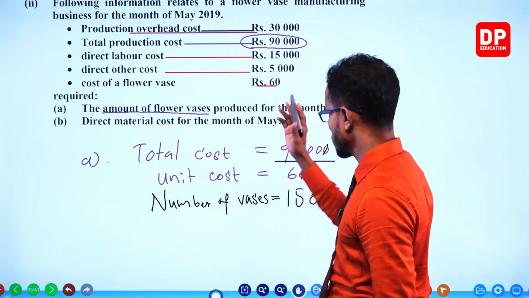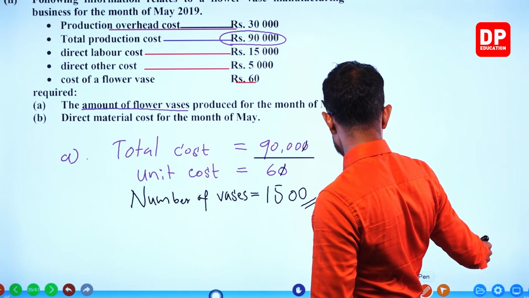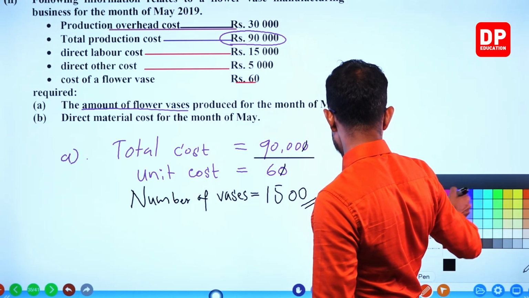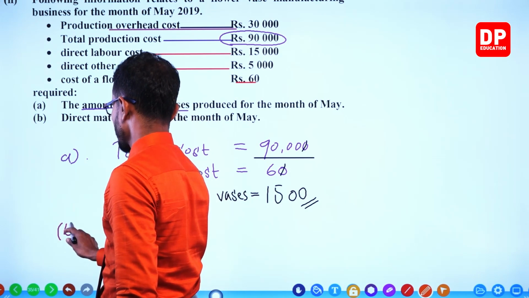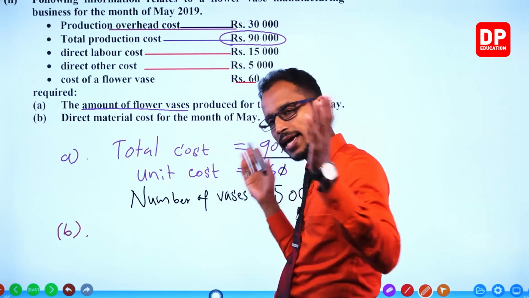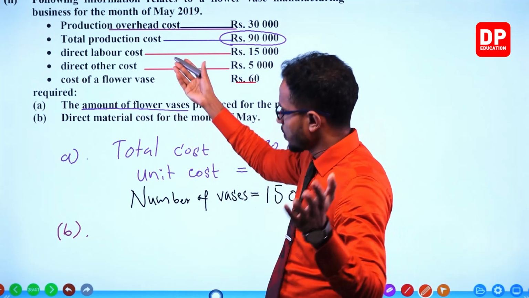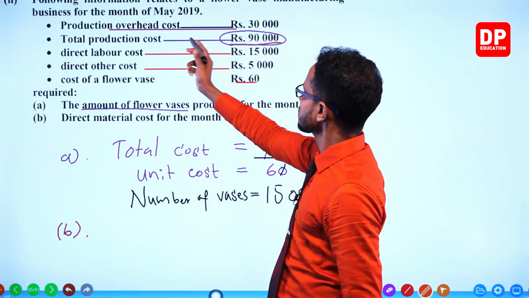Direct material cost. Not a big deal, okay? B. We have to calculate the direct material cost. Do you understand this? The total production cost is given, 90,000.